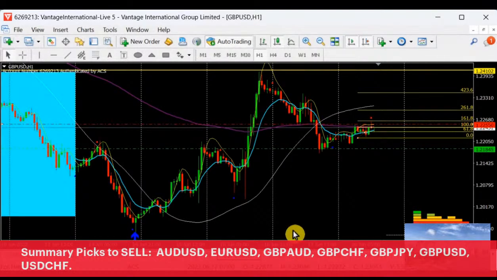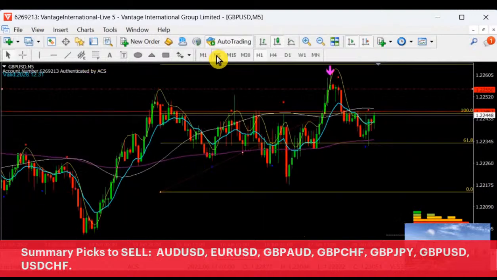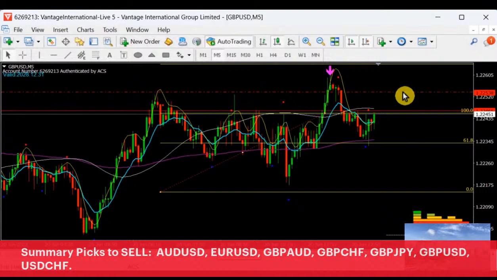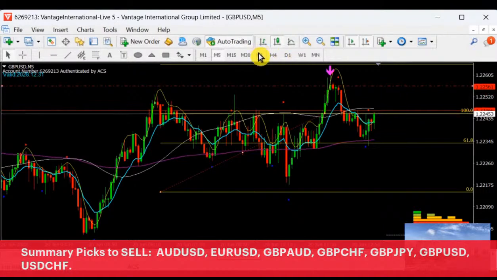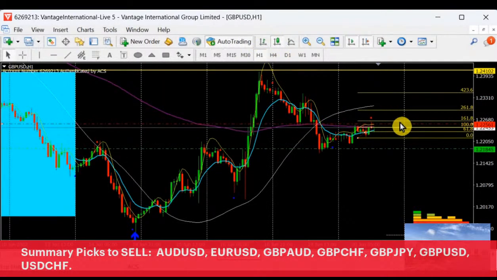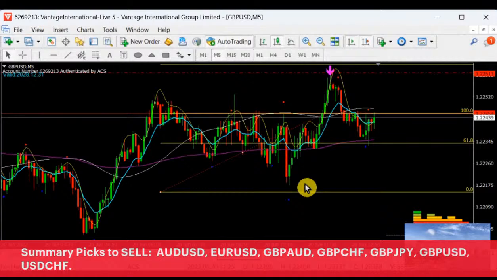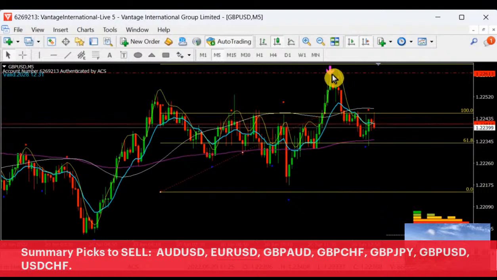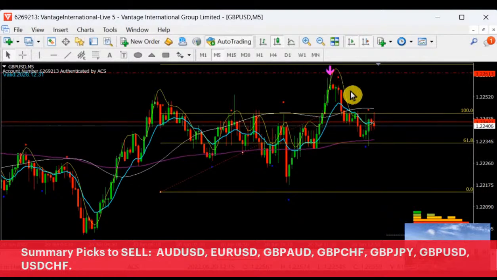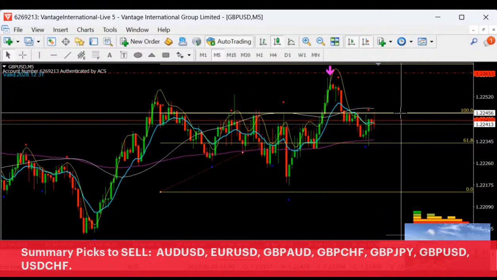Are we going to retest the resistance? It should be around here. Will it go for retesting so that it will continue the buying? Or if not, then selling, because right now it's going for a lower resistance, and after retesting this resistance here, it got rejected.